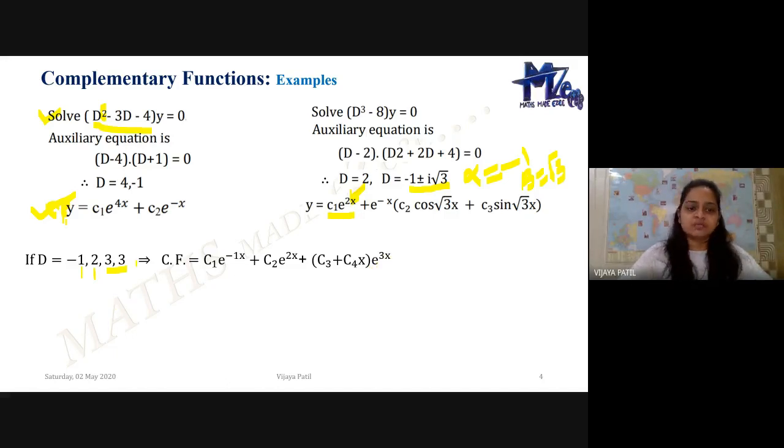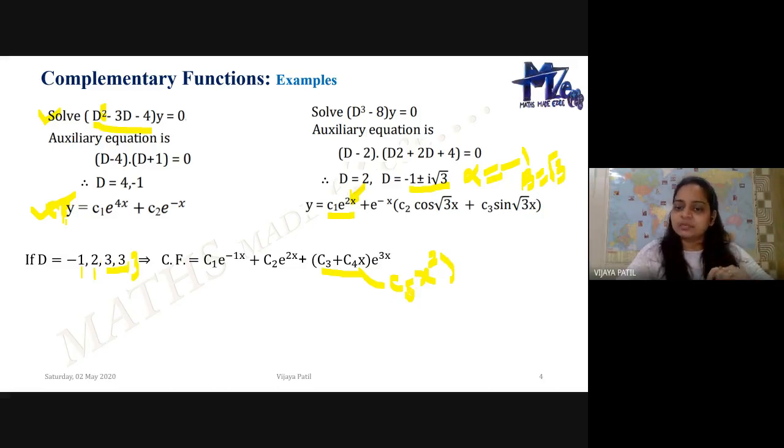Now let us assume one more case, that if I'm getting this root 3 one more time, what will be my solution? Solution will be along with this C3 plus C4x, plus one more constant will come here, that is C5 x square, and then outside this bracket, so along with this 2, the third term will also get introduced here, because my number of roots becomes 5.